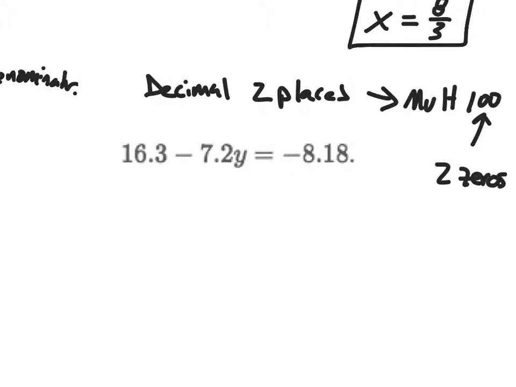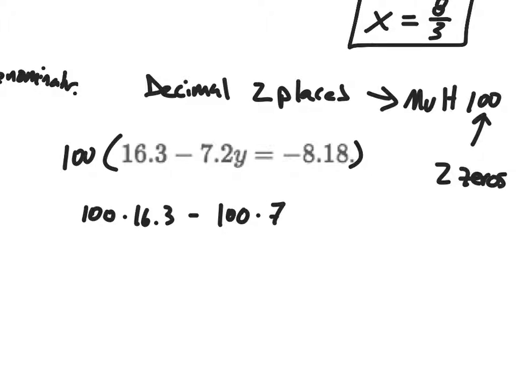When I multiply everything in here by 100, I'm going to take 100 times 16.3, minus 100 times 7.2y, and that's going to equal 100 times negative 8.18.